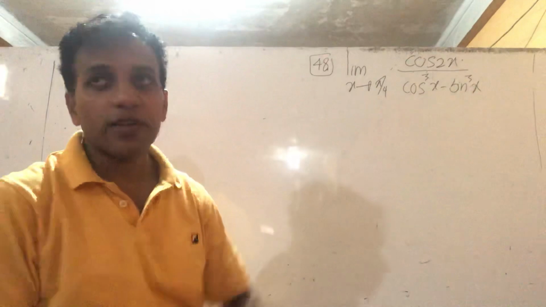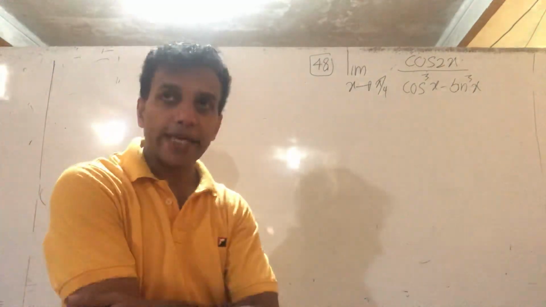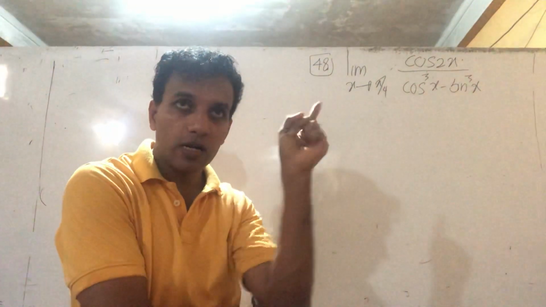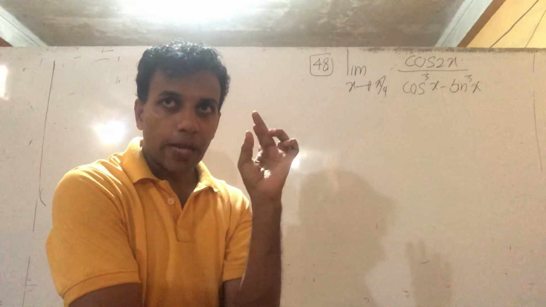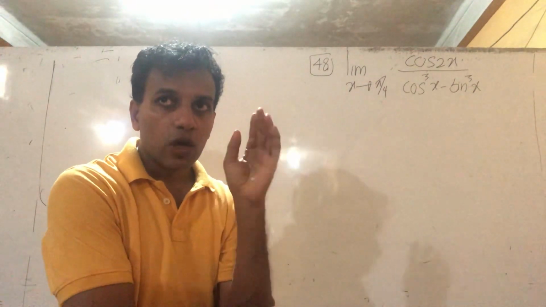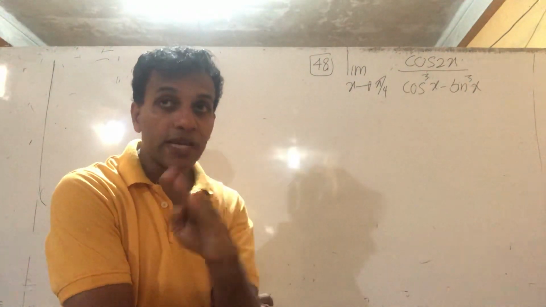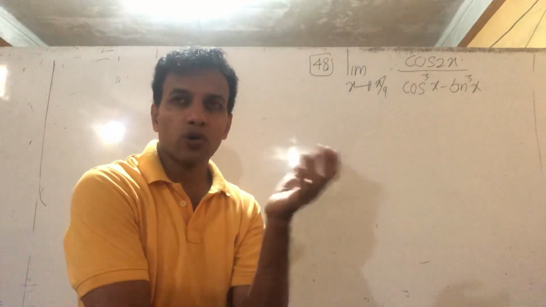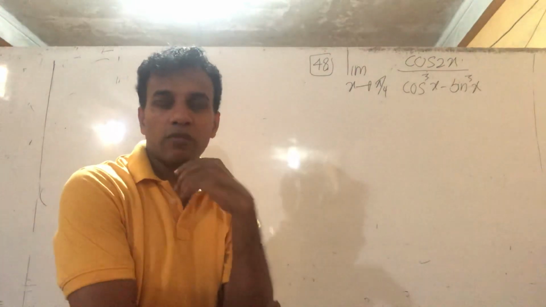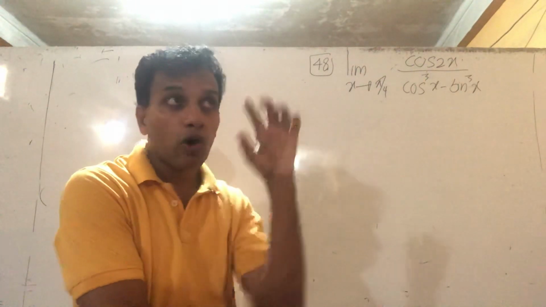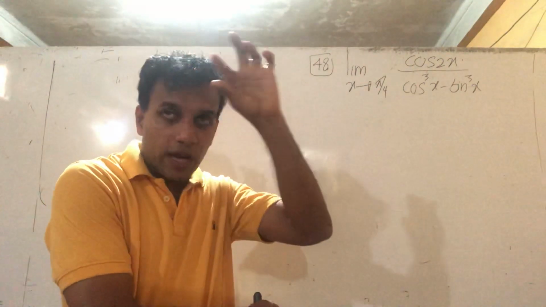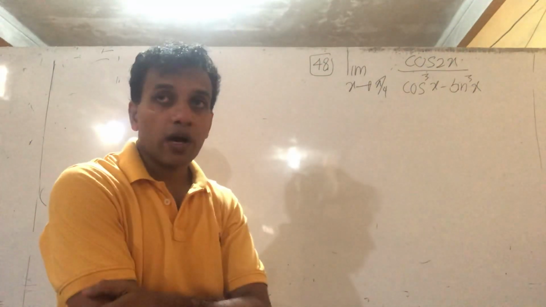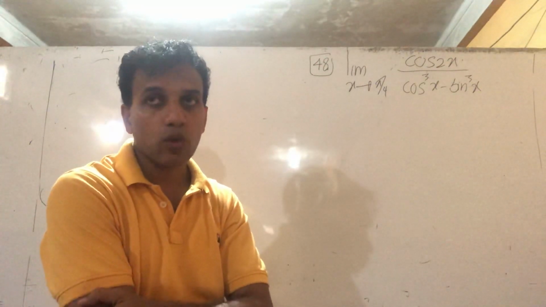Okay, if you are very familiar with trigonometry, what is cos 2x? The first principal expansion, when we first learn, cos 2 theta is cos square theta minus sin square theta. Later only we say cos 2x is 2 cos square minus 1 or 1 minus 2 sin square x. The principal value is cos square x minus sin square x.